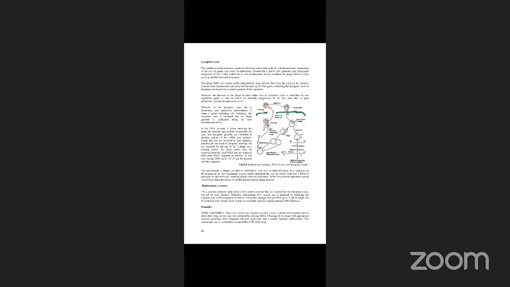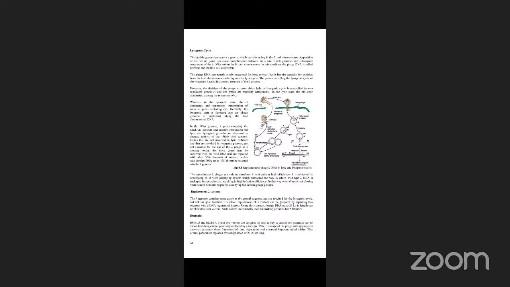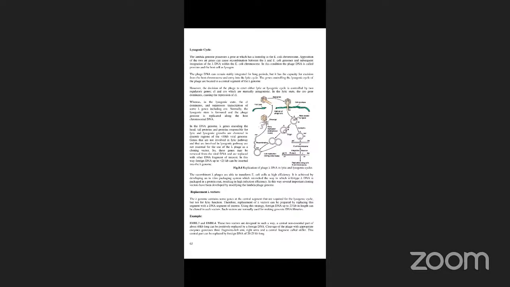In the lysogenic cycle, they won't kill the host. This is the pathway, the replication of lambda phage. The lambda genes get replicated by using the machinery of the host cell, and they live along with the host.